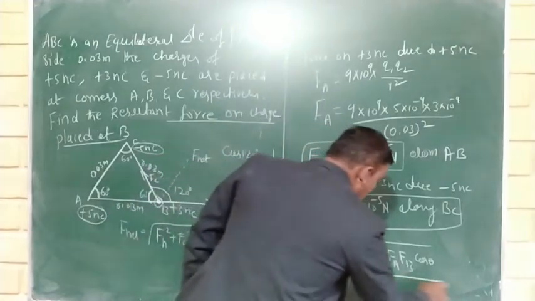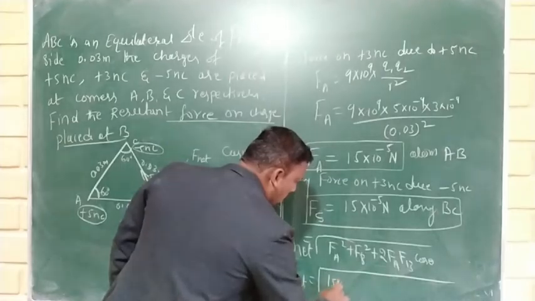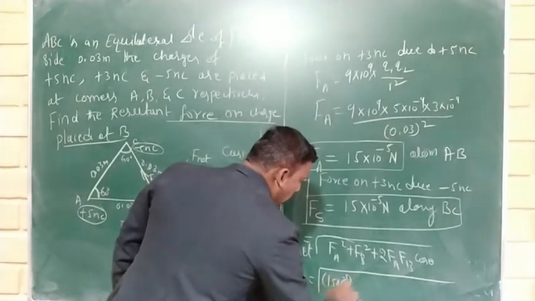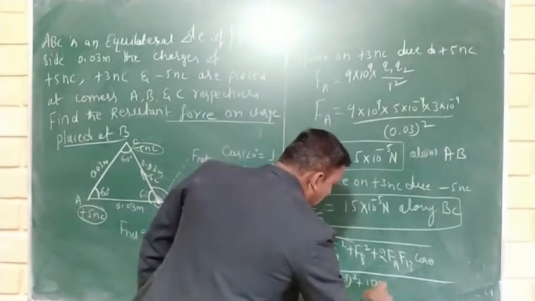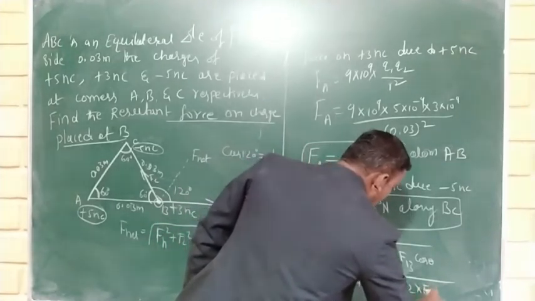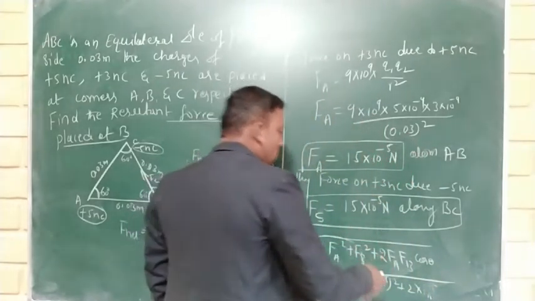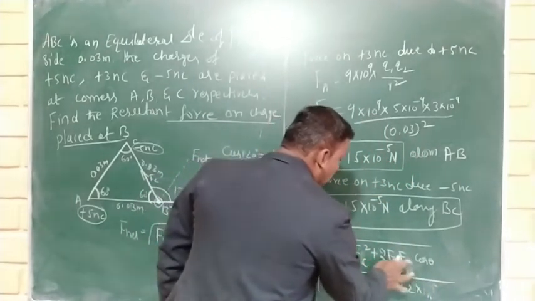FA is 15 into 10 to the power of minus 5, so we get 15 into 10 to the power of minus 5 whole square plus 15 into 10 to the power of minus 5 whole square plus 2 into FA FC.